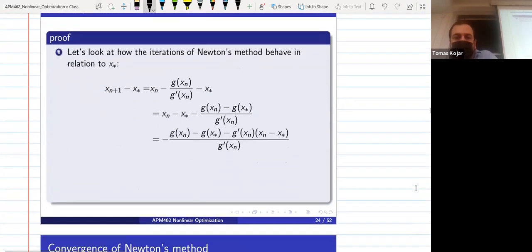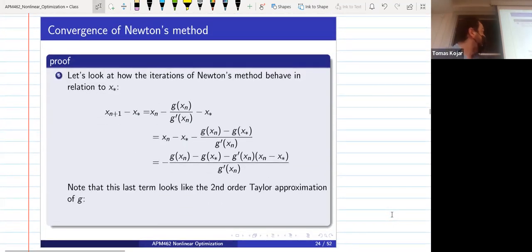Cross multiply. Now we're back to first week material. This looks like the second order Taylor approximation.